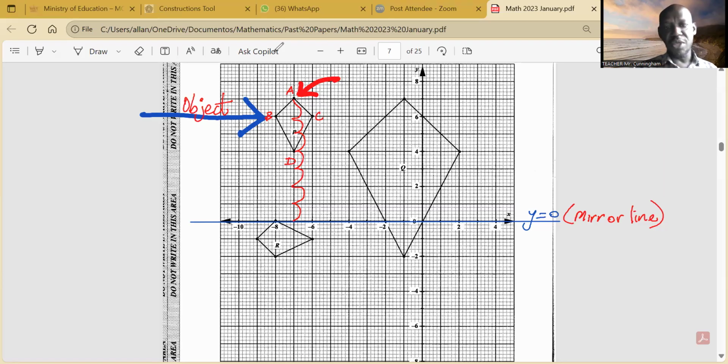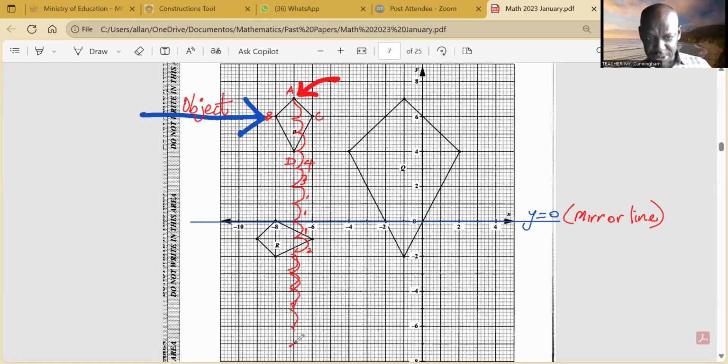So therefore, I must now move 7 units on the other side. So I have to go 1, 2, 3, and so on, but now from the mirror line, 3, 4, 5, 6, 7.